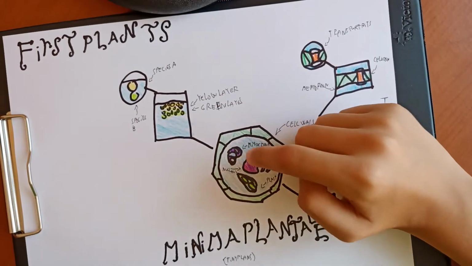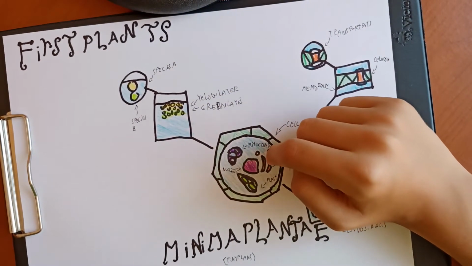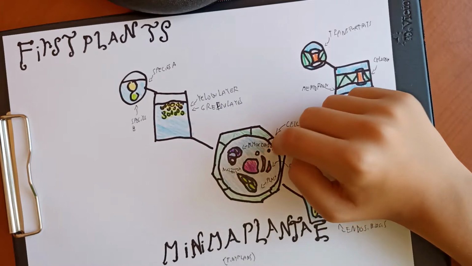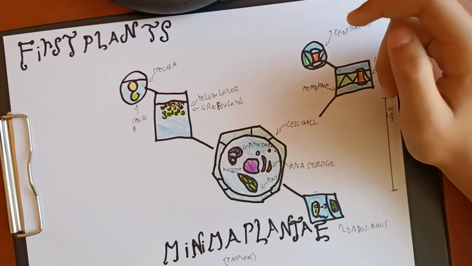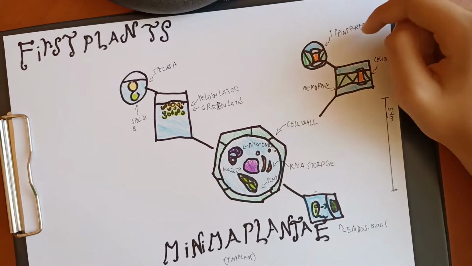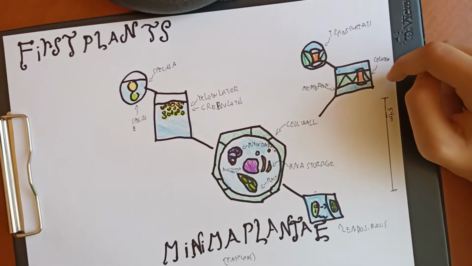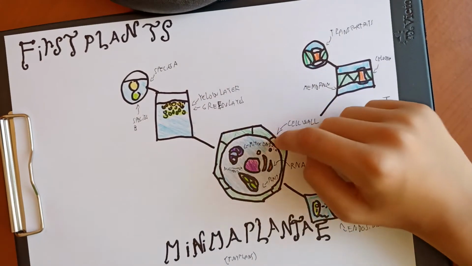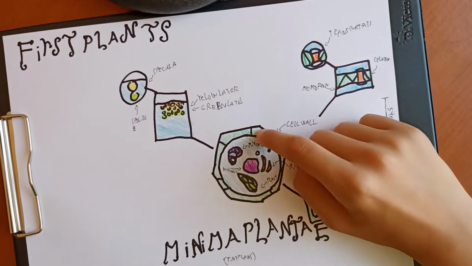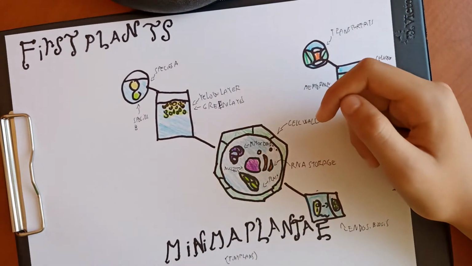These bubbles are vacuoles that transport stuff to the different parts of the cell.